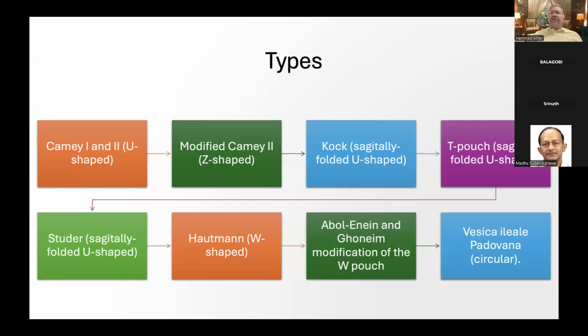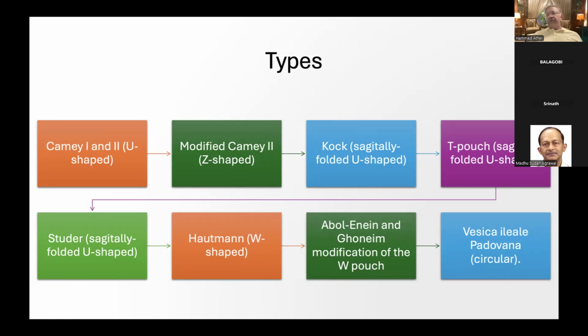There are various types of orthotopic new bladder, which include the classical Camey 1 and Camey 2, followed by the modified Z-shaped Camey 2, the Kock pouch, which was the dominant one used for decades. However, because of the complexity and the complication rate, it is not very commonly used.